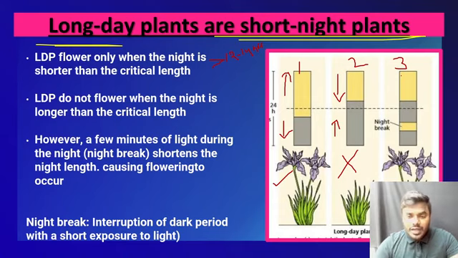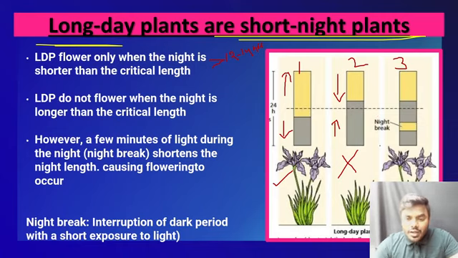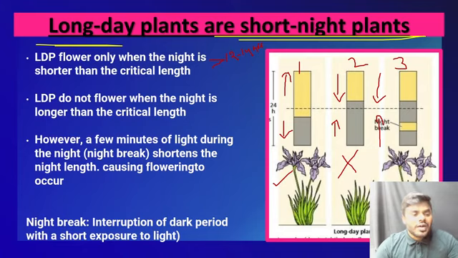Now friends, once you look into the third one, listen to me carefully. Don't confuse. Just listen to me whatever I am explaining. Originally which is more? Originally night is more. Which is less? Day is less. So 100% long day plant should not flower. But what happened? Every student listen.